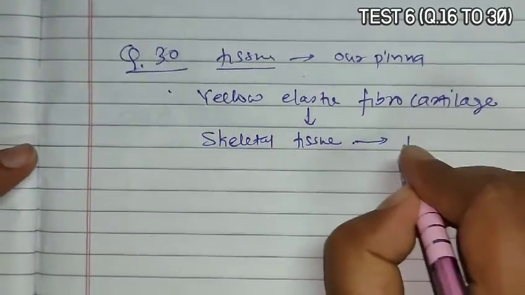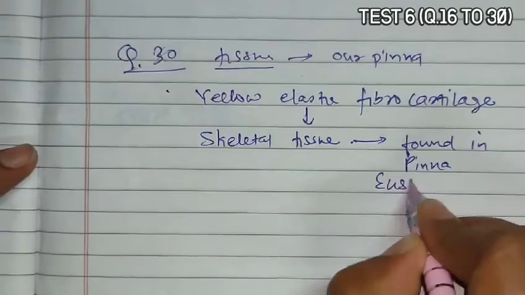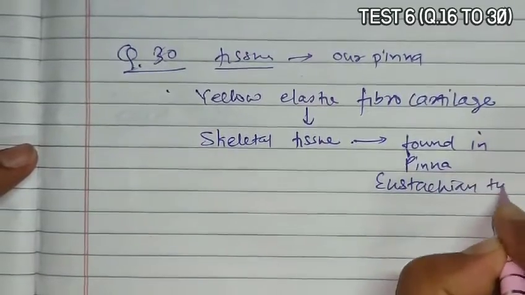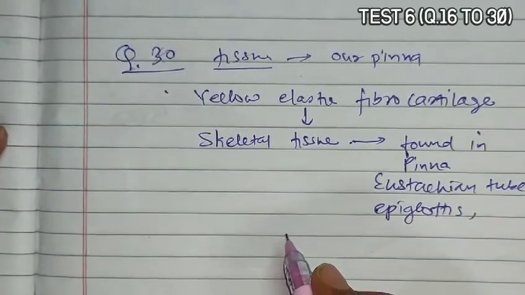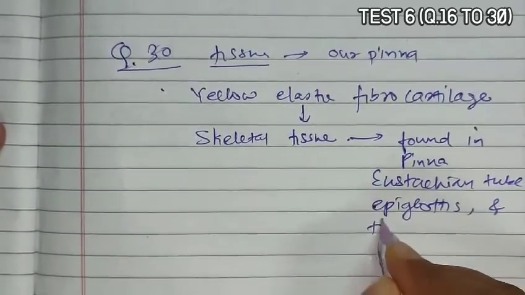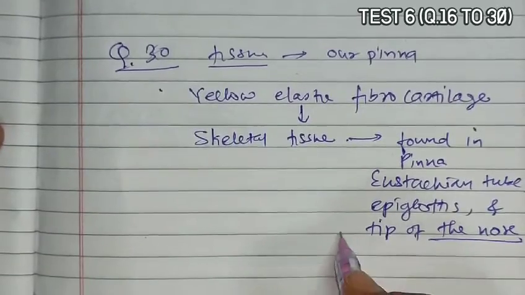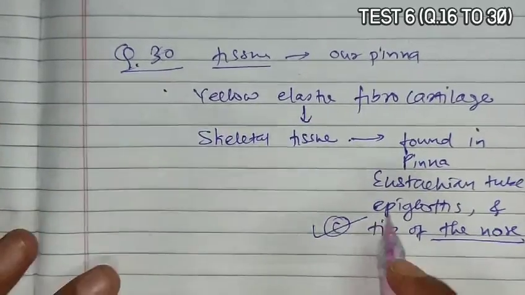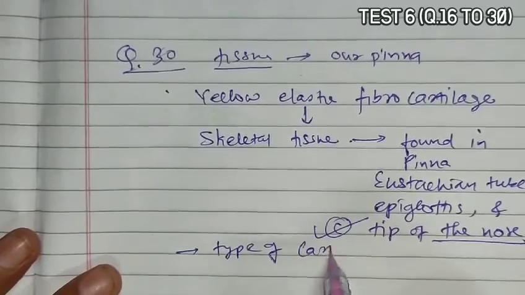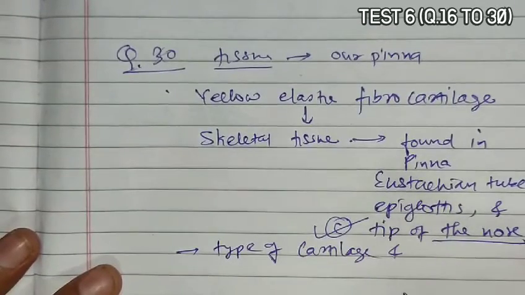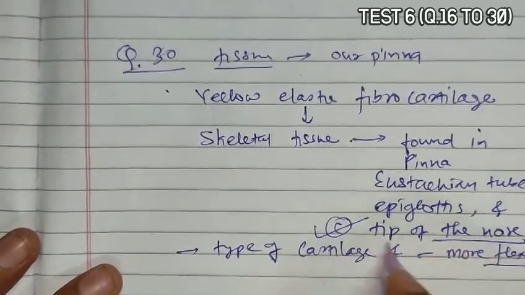We remember it is yellow elastic fibrocartilage, a type of skeletal tissue that is found in the pinna, Eustachian tube, epiglottis, and tip of the nose.